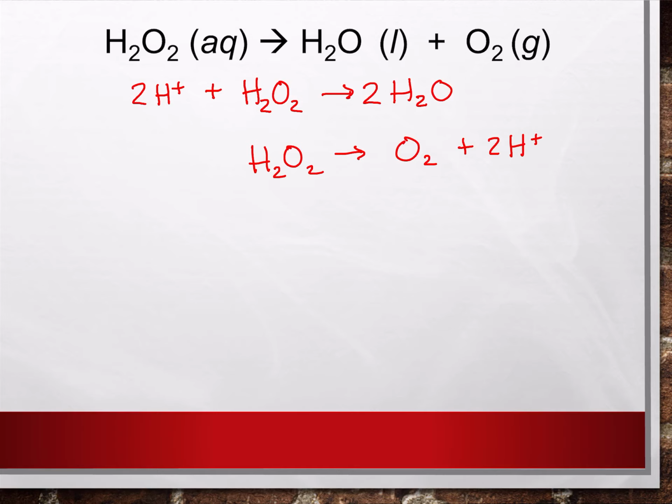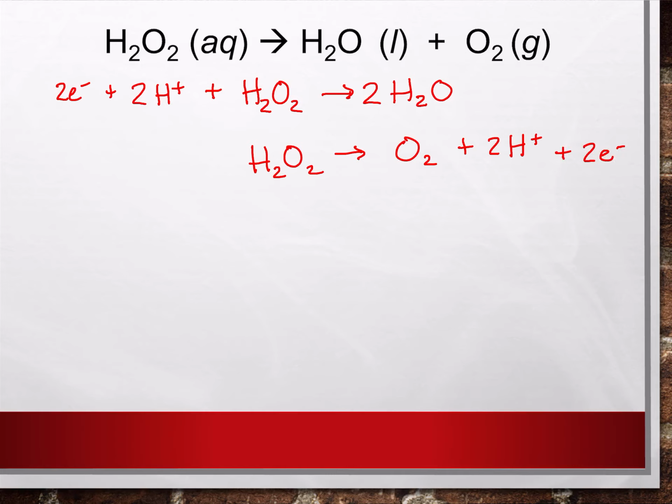In the first reaction, we have an overall 2+ charge on the left, and we have a neutral charge on the right. So that means we're going to add 2 electrons to this left-hand side. In the second reaction, we have a neutral charge on the left and an overall 2+ charge on the right, which means that we are going to add 2 electrons to the right.